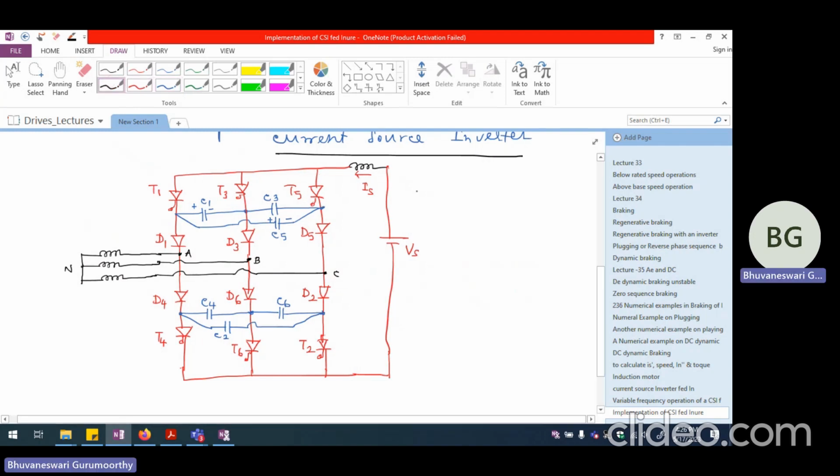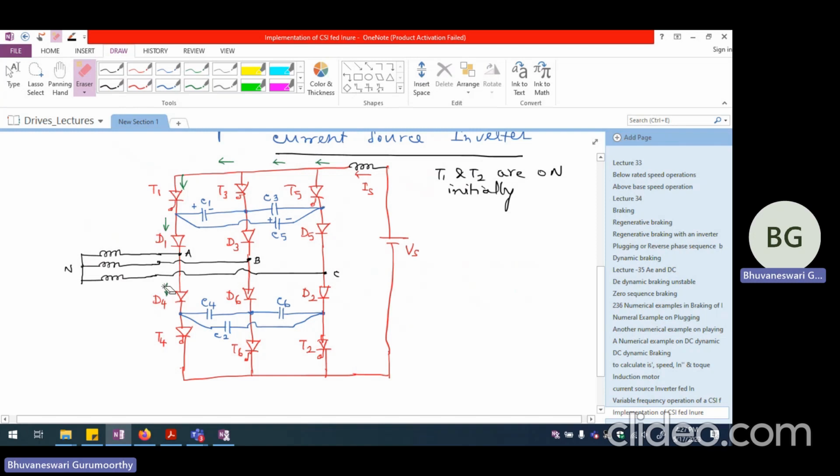So initially T1 and T2 are on. So I'm saying that initially T1 and T2 are on. So we are going to have the current flowing somewhat like this. Let me show that the current flows through T1 and it will flow through D1 and, sorry, not D4.